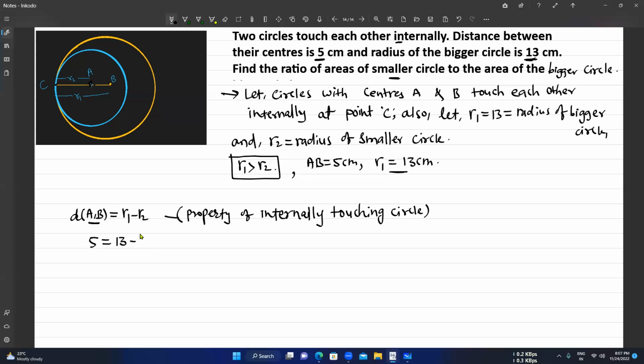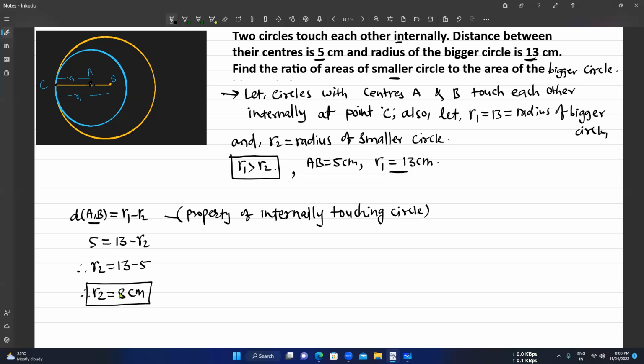Now we have to find R2, the radius of the smaller circle. Therefore, it will be modified as R2 is equal to 13 minus 5. Therefore, R2 is equal to 8 centimeter. So now we have the radius of the smaller circle also.